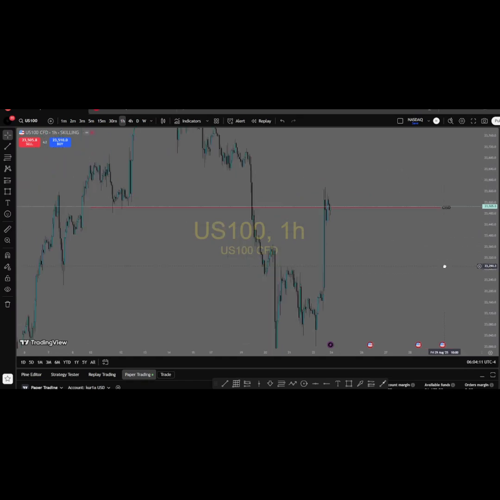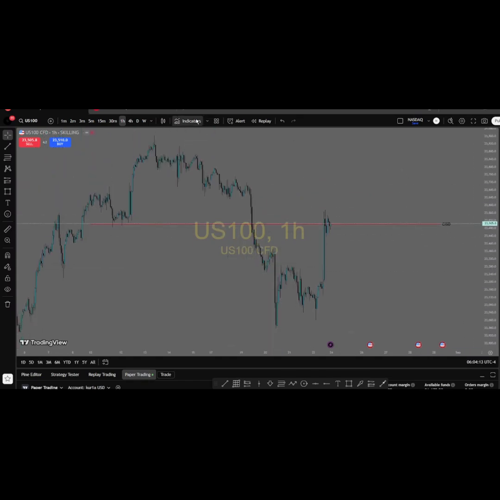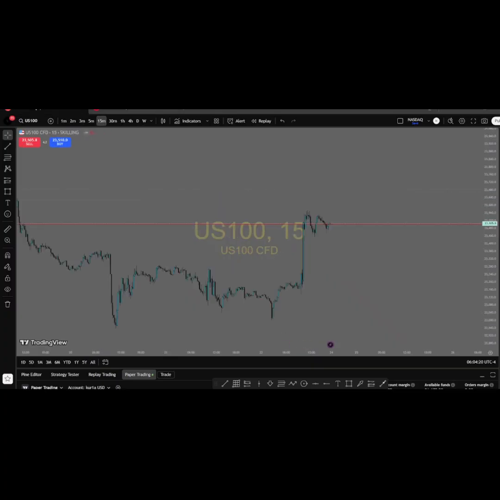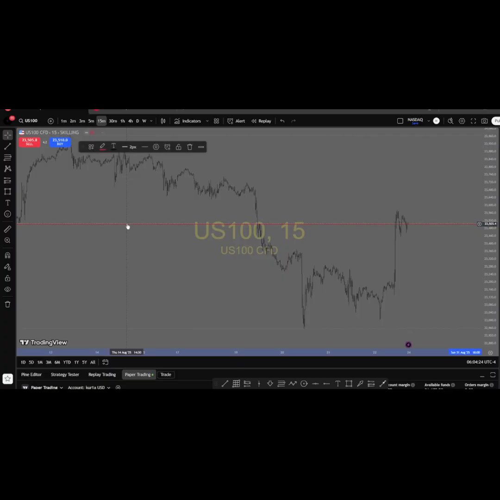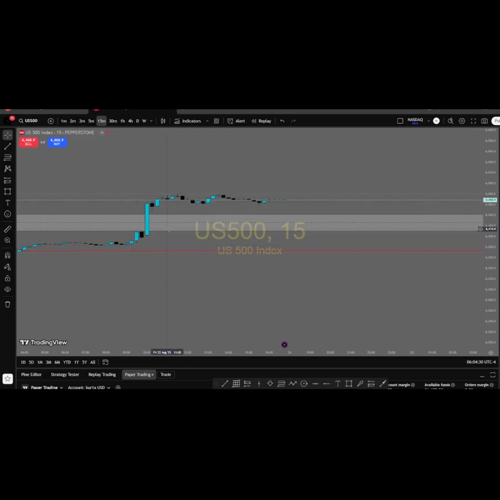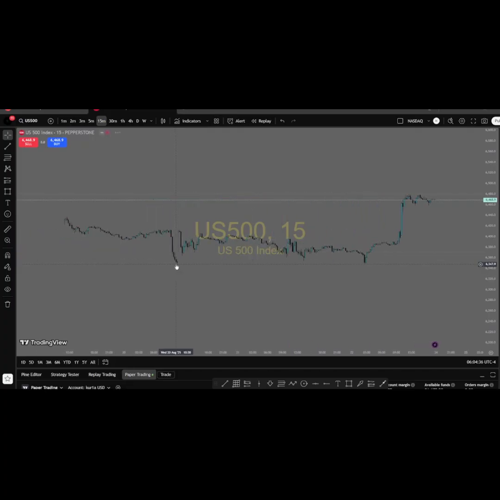Okay, so let's go down to the 15 minutes and see what I saw at 9:30 open. I'll actually delete even the change in state so that we can focus on the intraday price action. Wednesday 20th.